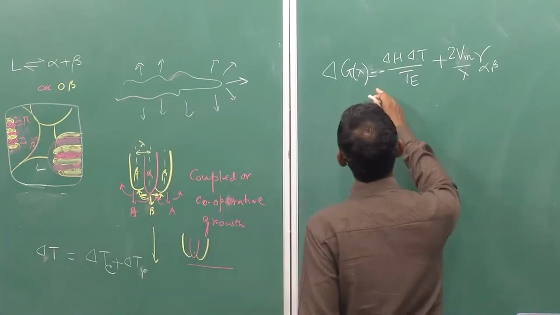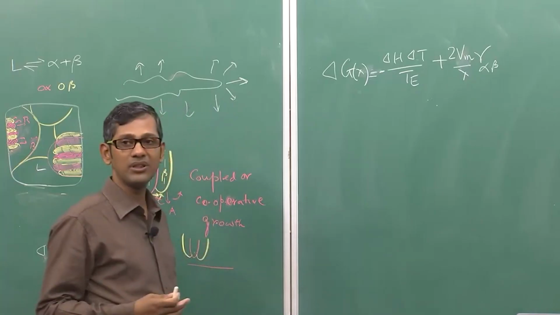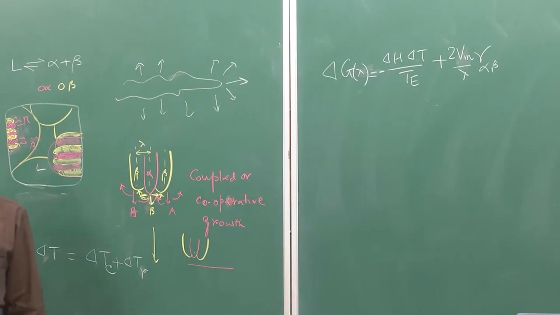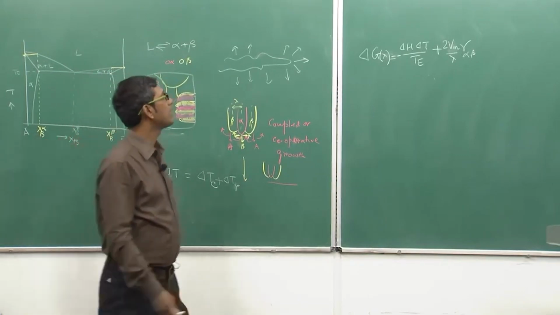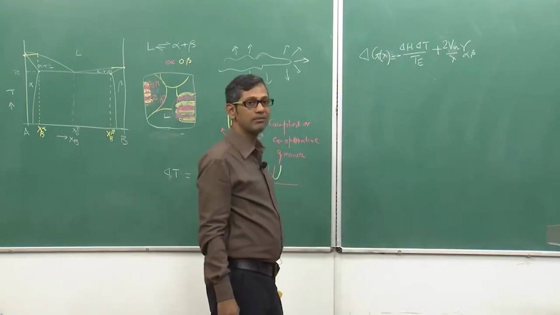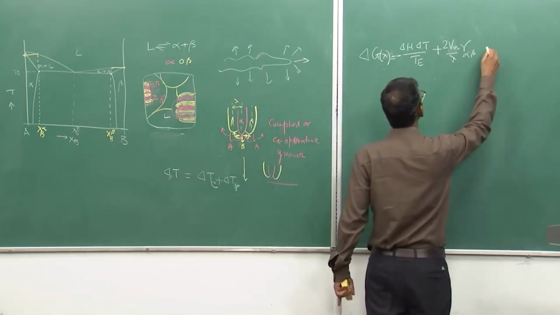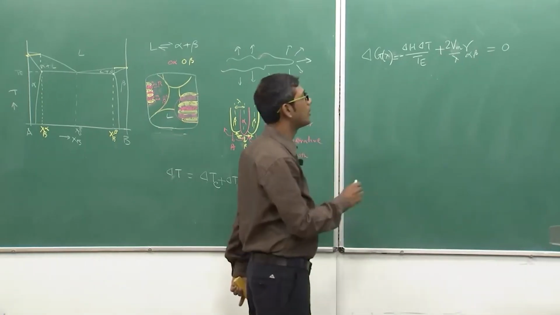So now this is the delta G, or the free energy for the transformation of the eutectic with interlamellar spacing equal to lambda. The question is this: when the total energy which has been obtained because of the latent heat evolution is equal and balanced by the formation of the interface, then I can write this to be equal to 0.